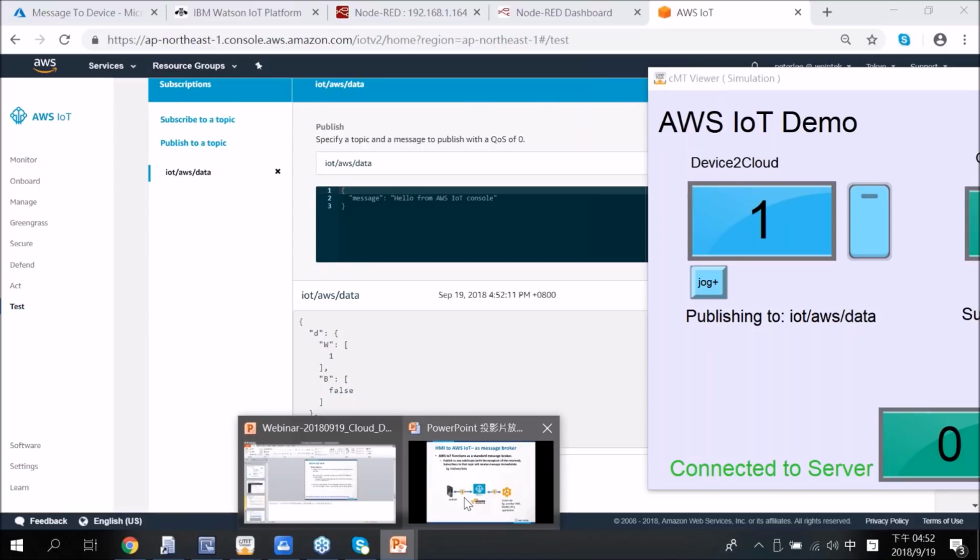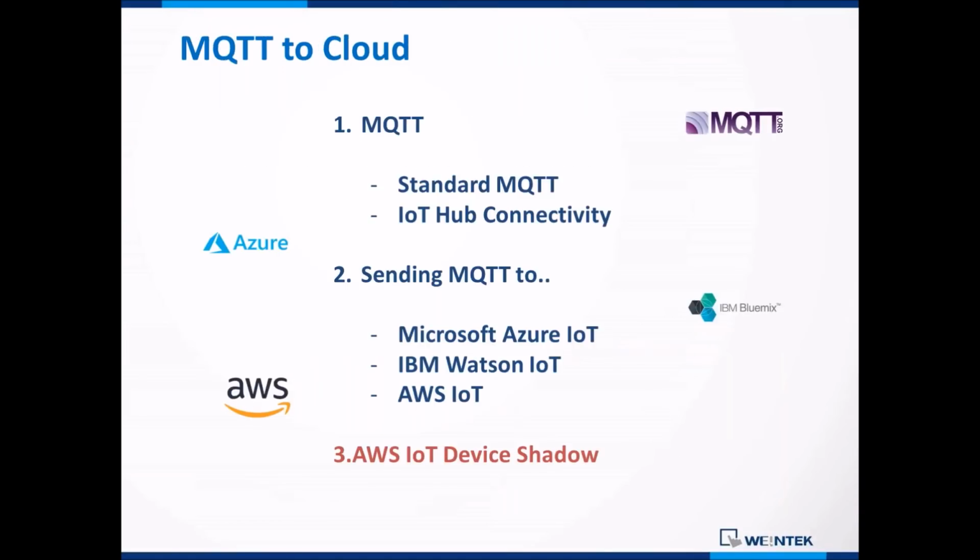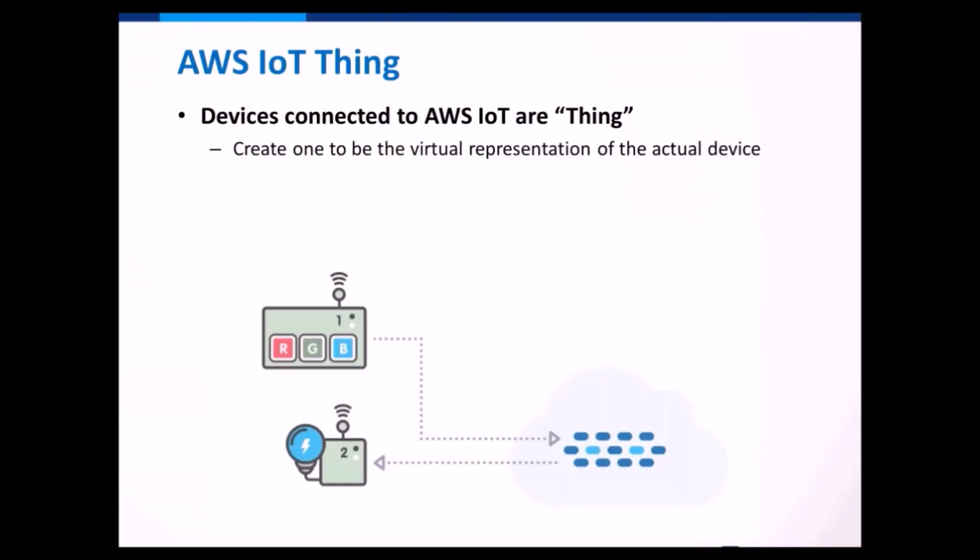On that, the last one is the Device Shadow service of the AWS IoT. First, a little bit about the terminology of AWS IoT. Unlike the previous two, devices that are connected to AWS IoT are not just called devices.